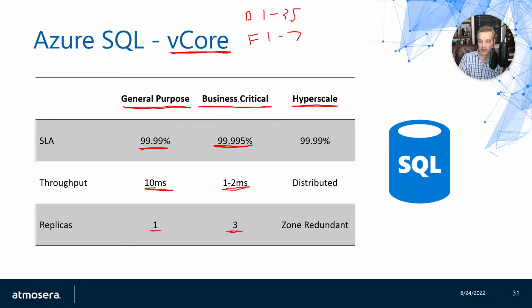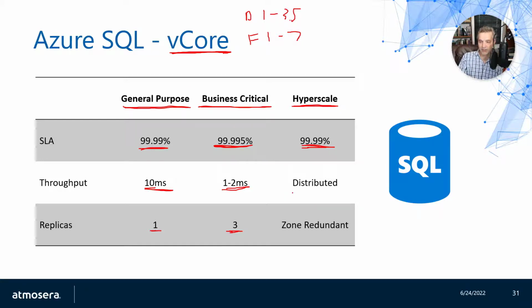So this one has a 4.9 SLA, so it's not as good as the business critical, but this one is also different in the fact that it's using more of a clustering model, that you have compute clusters that are partitioning the data rather than just replicas of the data and a set of dedicated resources like you get with these right here.